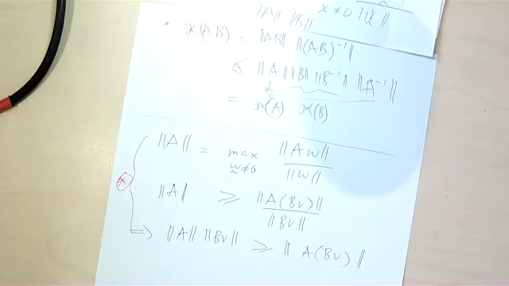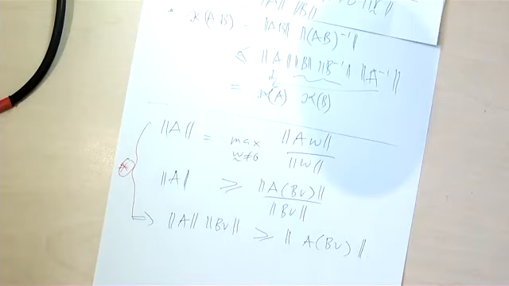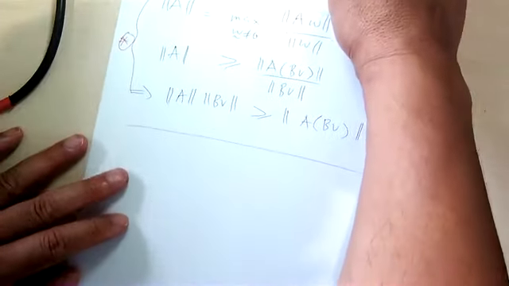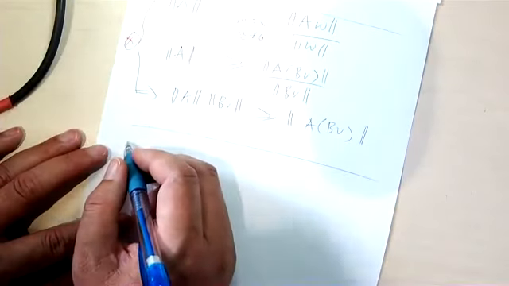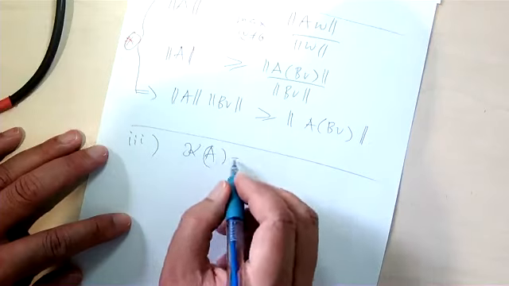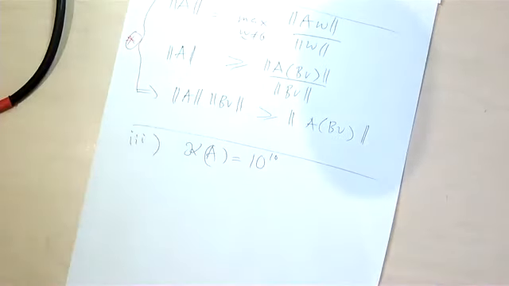So any question? So now the third one says that, okay, so what happens if the condition number is 10 to the 10? So if the condition number is 10 to the 10, and then the exact values of A and B are given, then what can you get from the accuracy for Ax equal B?